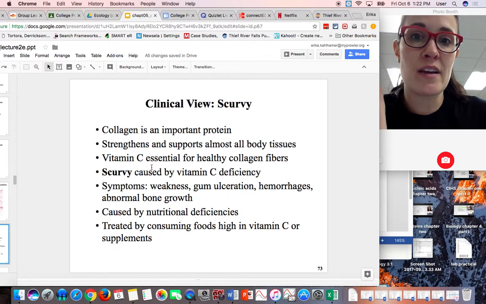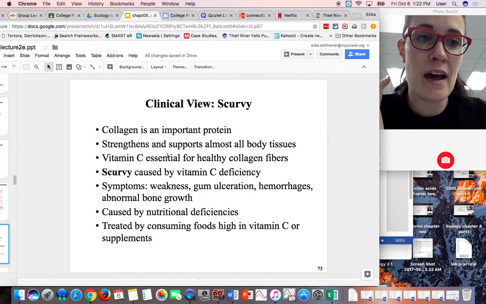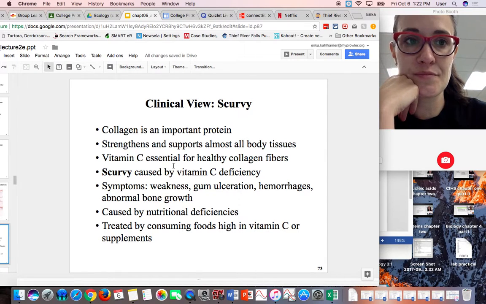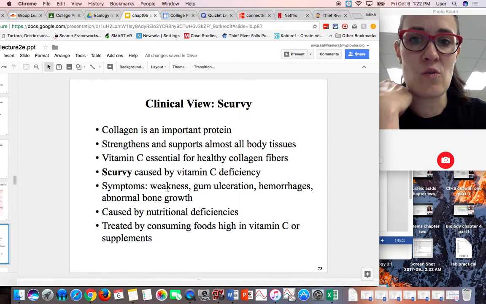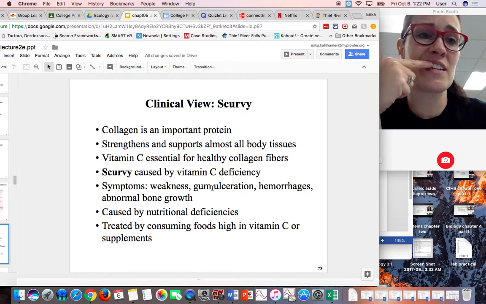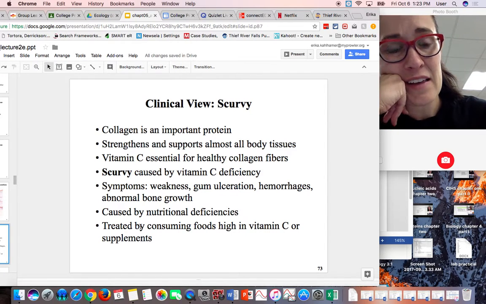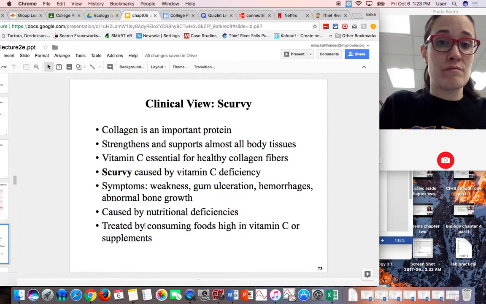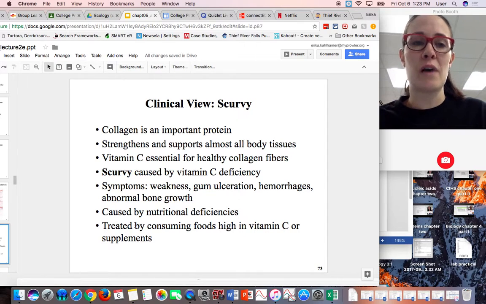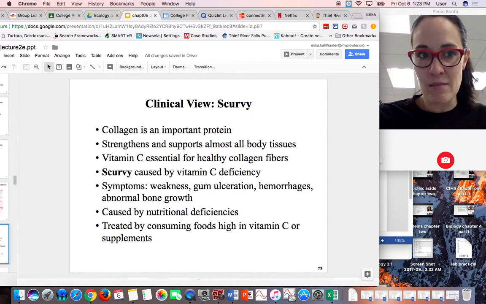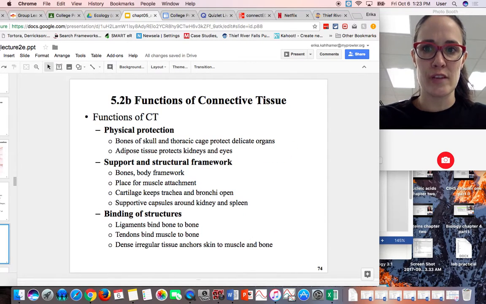Collagen is meant to strengthen and support your body tissue, so if you don't have enough vitamin C, it's going to cause it to become loose, weak. Symptoms: gum ulceration, abnormalities in the gum, hemorrhages, abnormal bone growth. To fix it, you eat foods high in vitamin C. So pirates used to stockpile ships with limes to prevent scurvy.